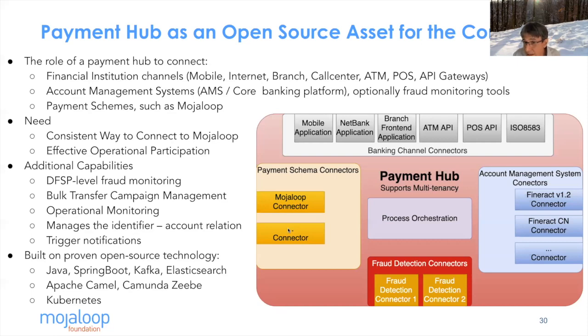We have seen examples where this was requested, like someone providing this in the cloud for multiple smaller DFSPs, or the other way around, where the core banking platform already supports multiple DFSPs. So a single deployment having multiple DFSPs, that scenario also could be supported by the payment hub that we created.